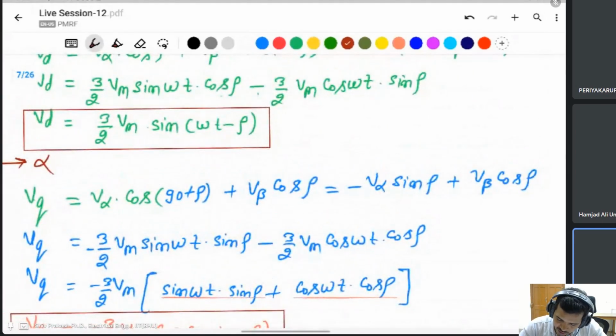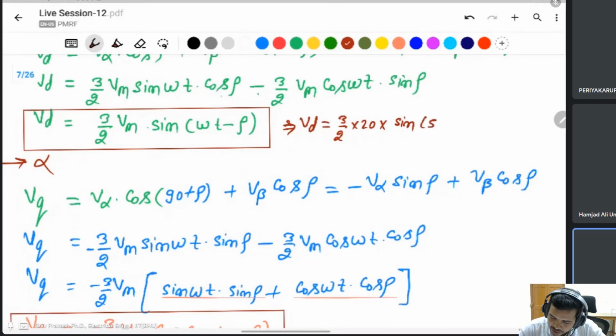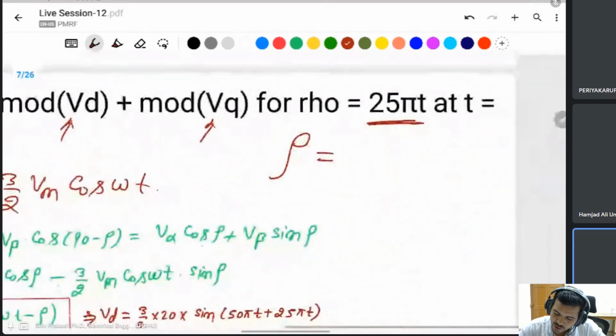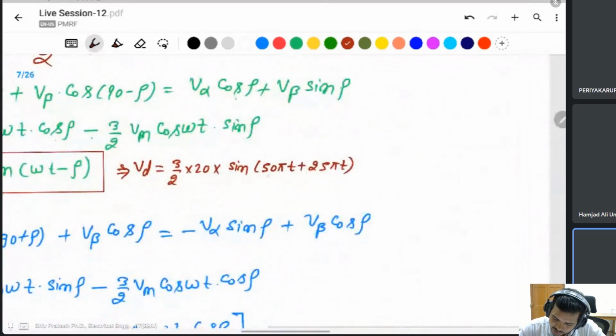So Vd is equal to 3 by 2 Vm, where Vm is 20, into sin of omega t minus rho, which is 50 pi t minus 25 pi t.